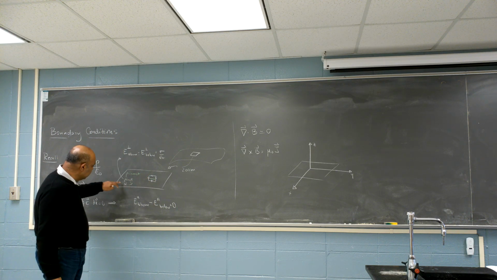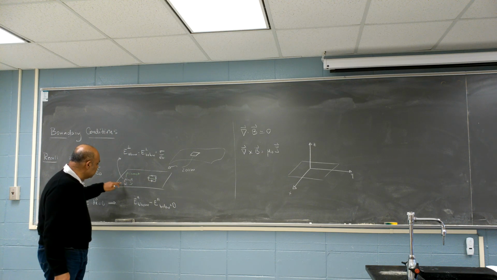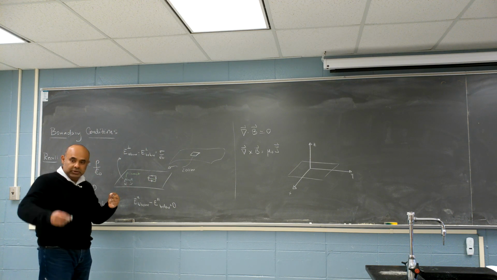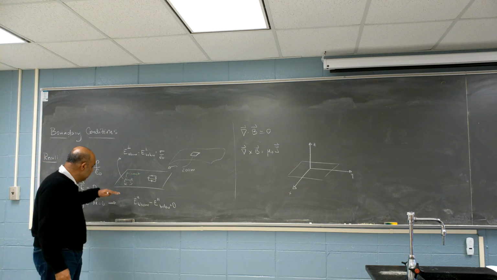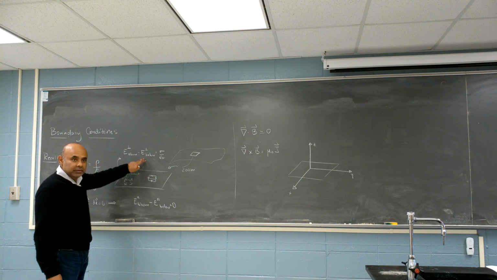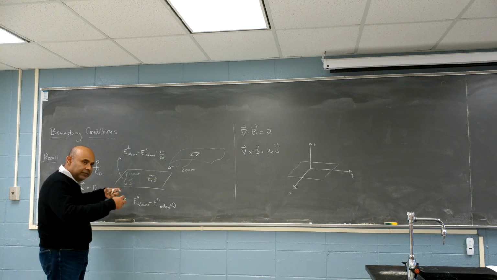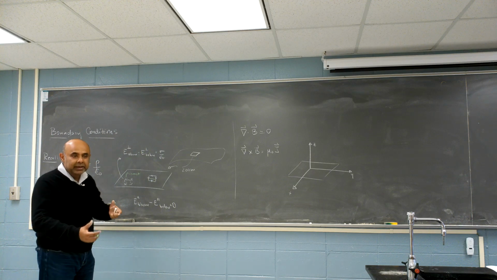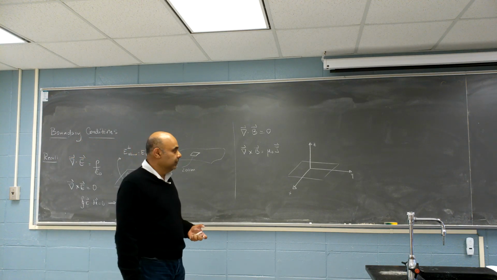But if the charge is here, the electric field created here is continuous. It's the electric field created by this charge over here that creates this discontinuity. So these are very local properties, any discontinuity. Far enough away, fields are continuous.